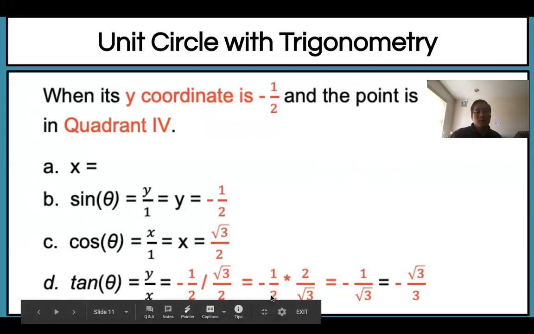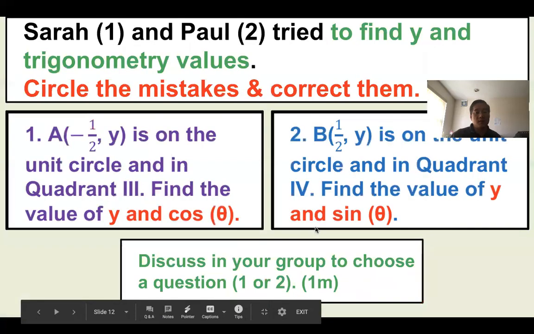The 2 and 2 cancel. Then negative 1/√3. This is the answer, but if you can rationalize the denominator, that will be much better. You multiply by the same square root of 3 to both numerator and denominator. The square root of 3 times 1 is square root of 3. Square root of 3 times square root of 3 becomes 3, and minus. That's the tangent. Everybody understand?